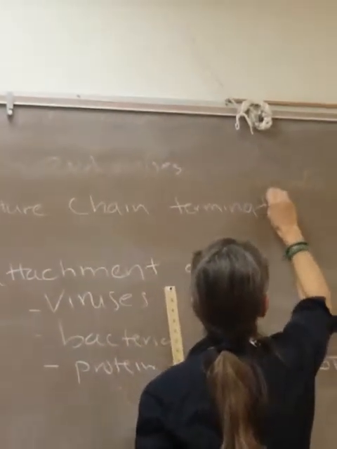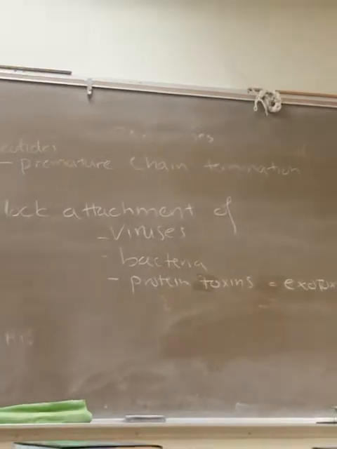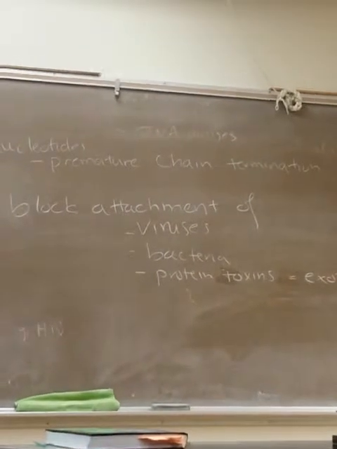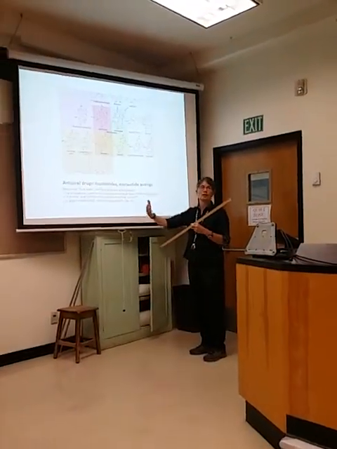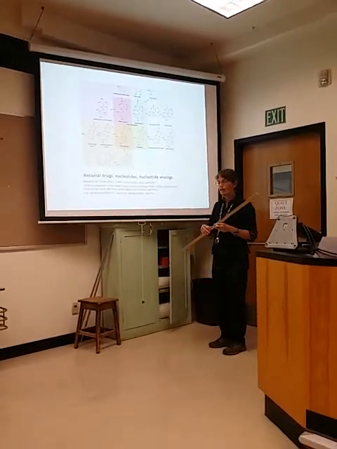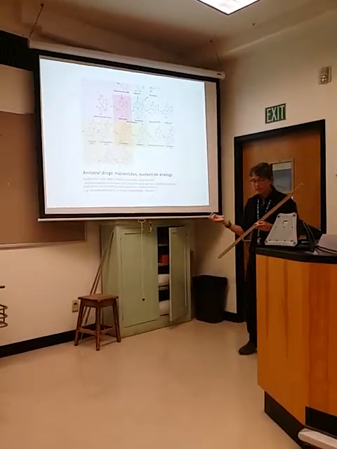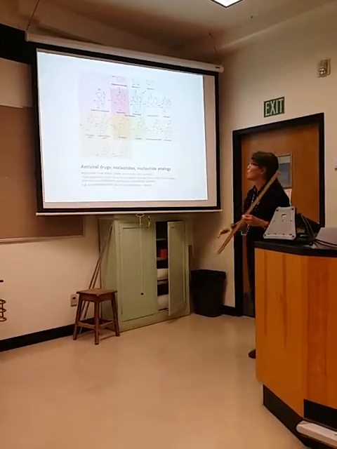And then others of the analogs, they may be incorporated, and then when that strand is used as a template, that analog might cause incorrect base pairing, so it introduces lots and lots of mutations. And the idea is you're hoping you can disrupt the structural genes for the viral proteins, right? So the proteins won't work.